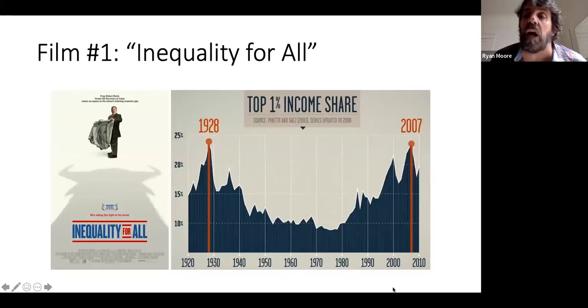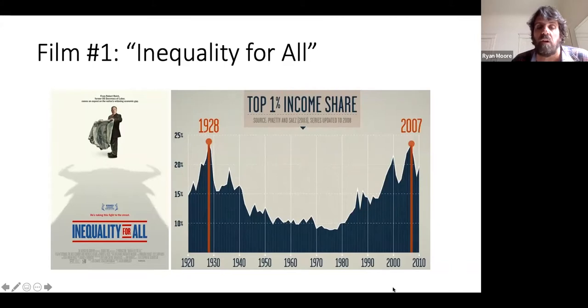So when we look at this movie, Inequality for All by Robert Reich, he will give us this kind of long-term perspective. What you look at here is a graph that he refers to at different points in the film, which shows how much of the wealth the 1% were taking home.